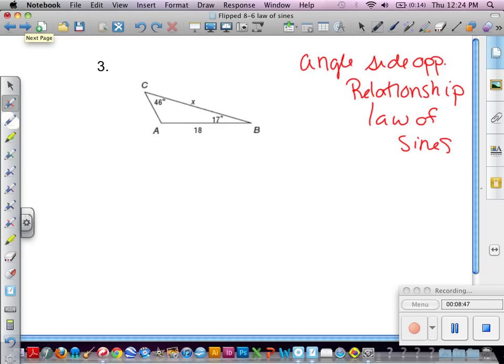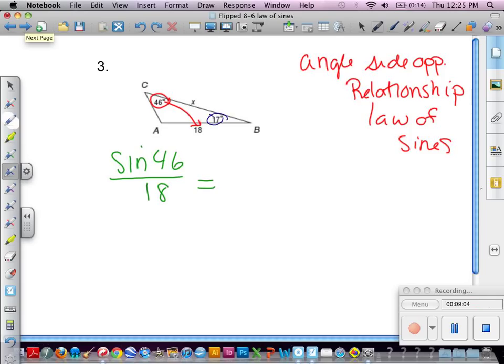Okay, I'm happy about this because 46 and 18 are going to go together. So I write sine of 46 and the side opposite is 18.